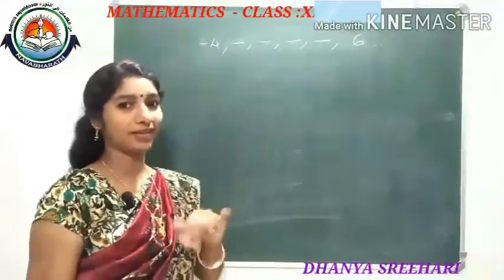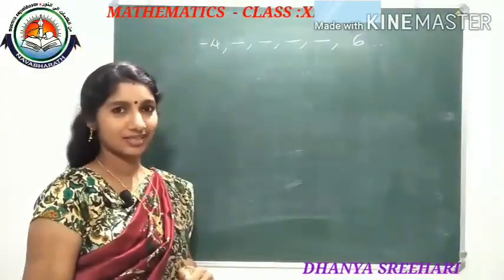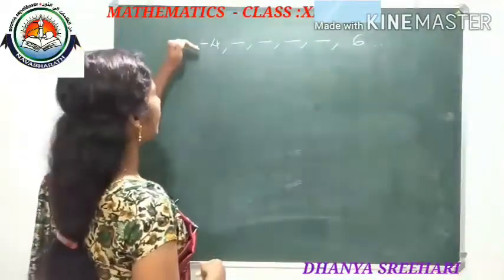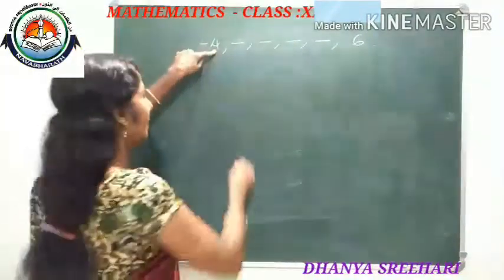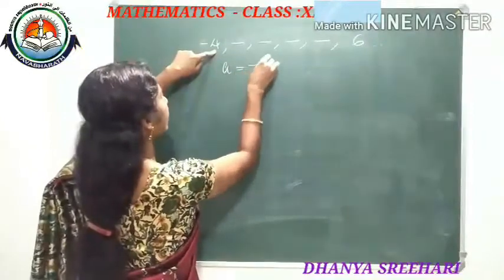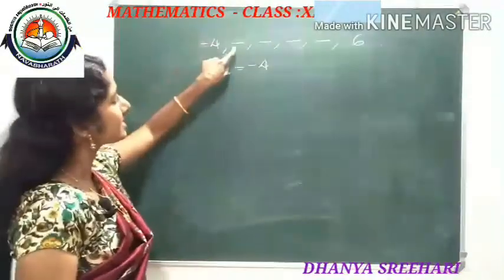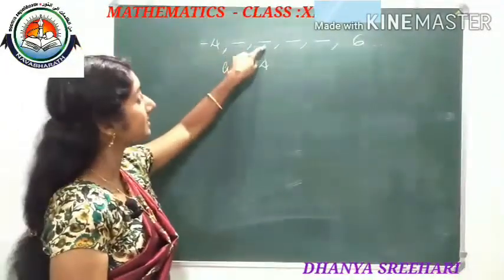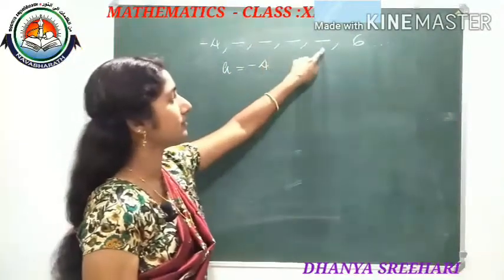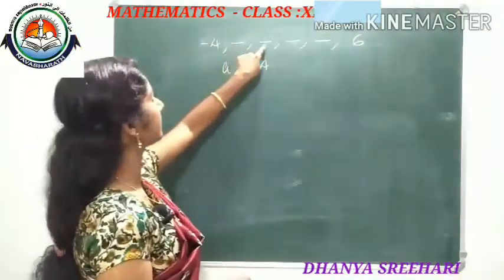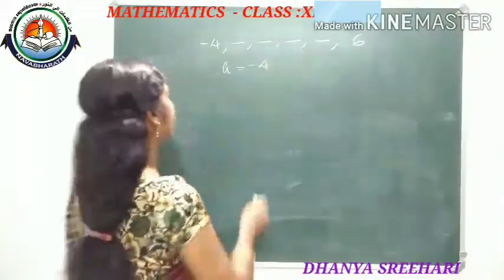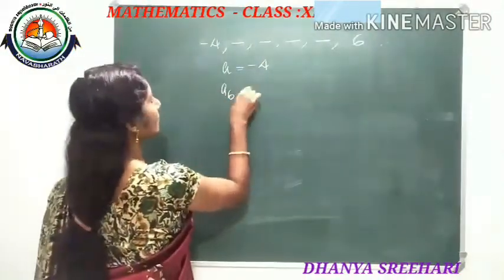If it is an AP only, we can find the missing terms, isn't it? So if it is an AP we can call this the first term, that is A. We got it as minus 4. The second term is missing, third term missing, fourth term, fifth term, this is the sixth term. 1, 2, 3, 4, 5, sixth term. So that means A6 is equal to 6.